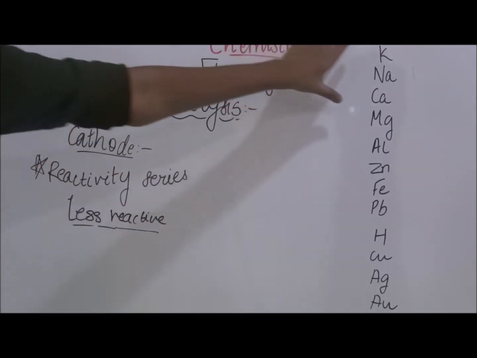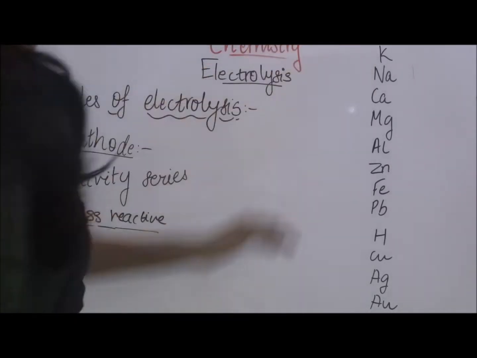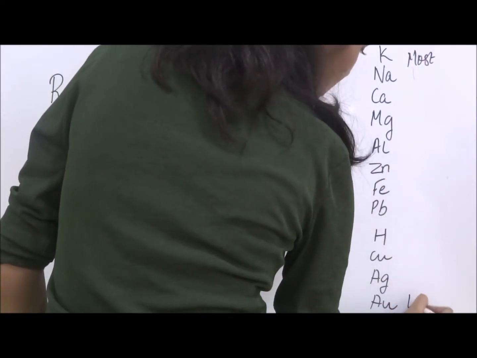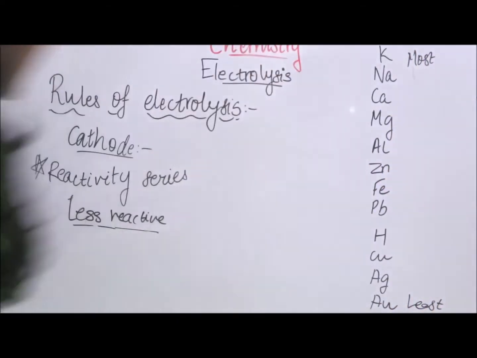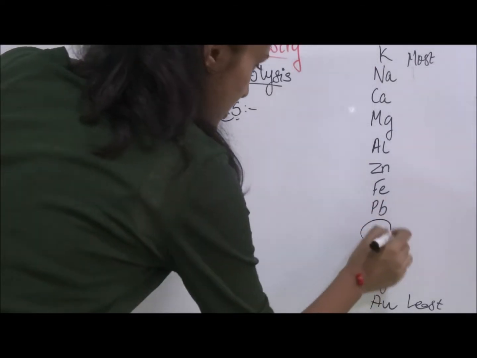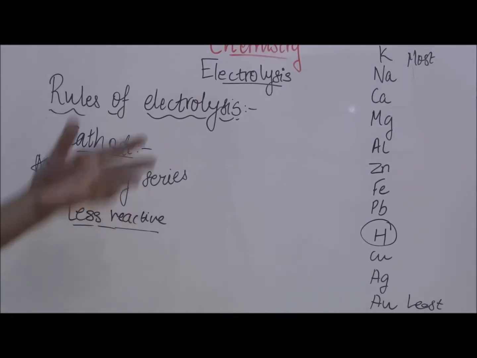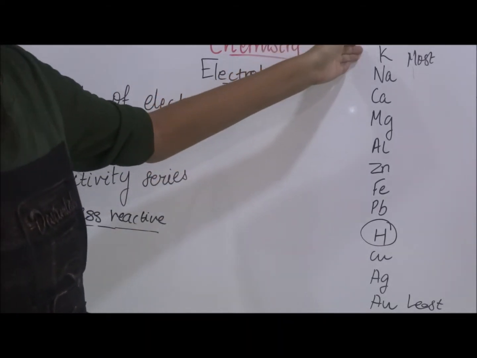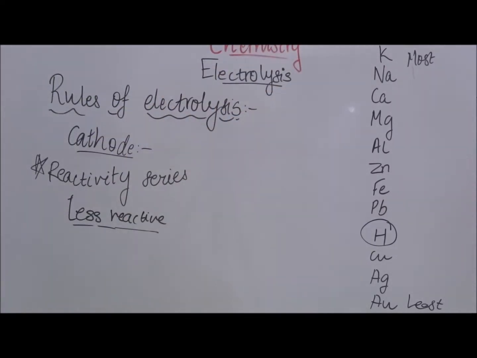Now this is the reactivity series. This is the most reactive, while gold is the least reactive. When you have to understand the reactivity series, you need to take into consideration H or hydrogen. So any element which is more reactive than hydrogen will not form when in a solution.